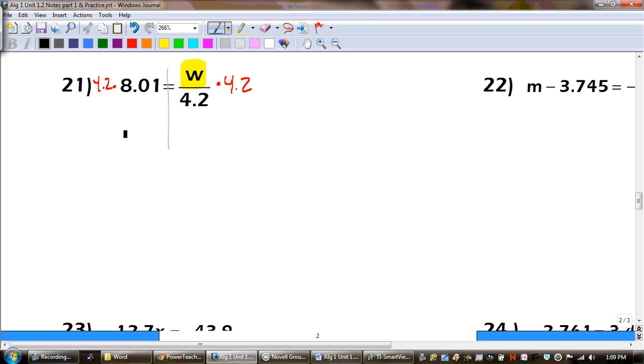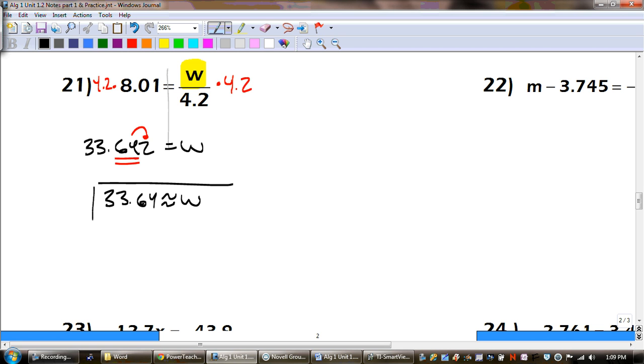So I'm going to write that: 33.642 equals W. However, they want us to round. So I need to look at the 2. 5 or more raise the score, 4 or less, that's right, we let it rest. So 33.64 is what our answer should be.